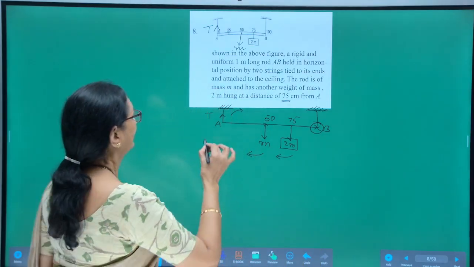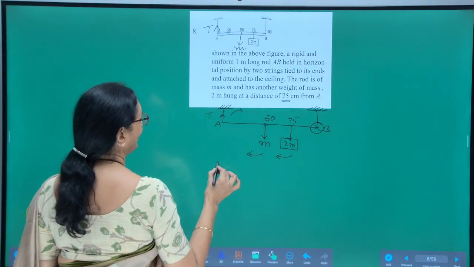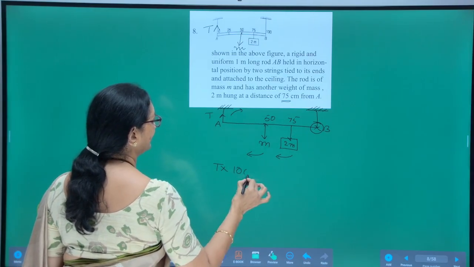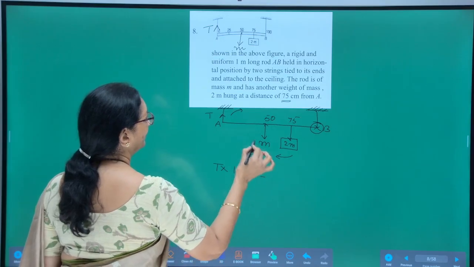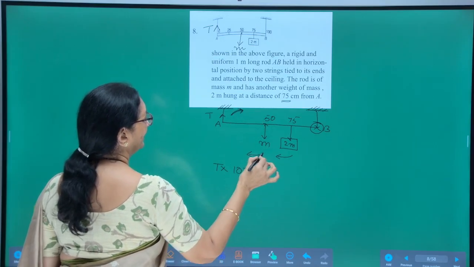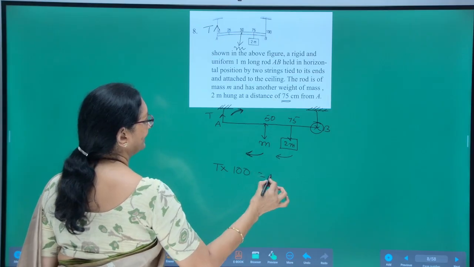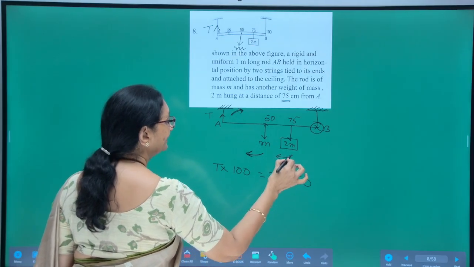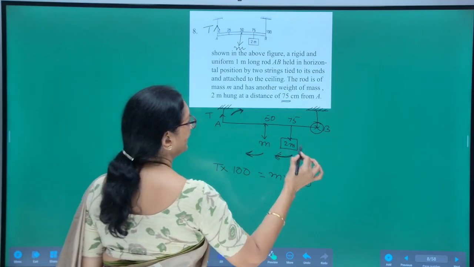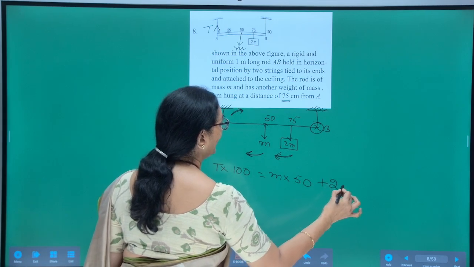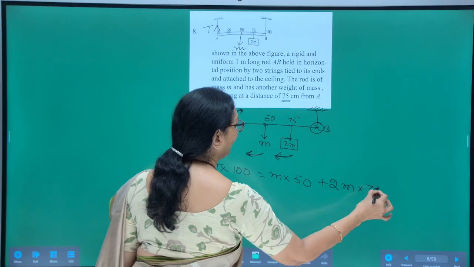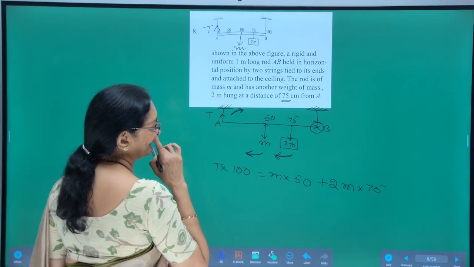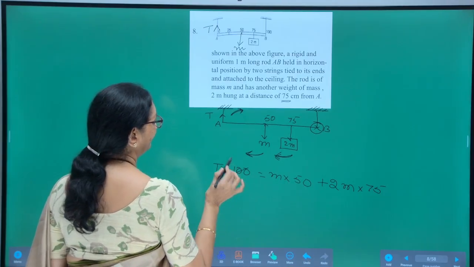So, here the clockwise moment is T into the perpendicular distance 100, that is equal to the other moments: m into the perpendicular distance 50, and 2m into 75. So, let us simplify. Very obviously you can cancel 50 throughout.